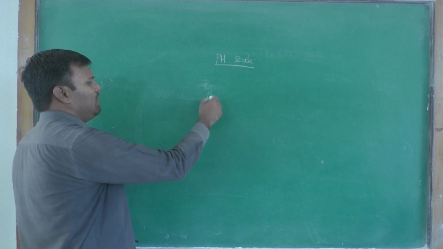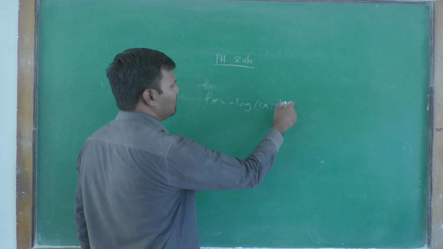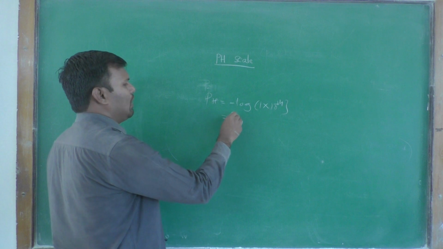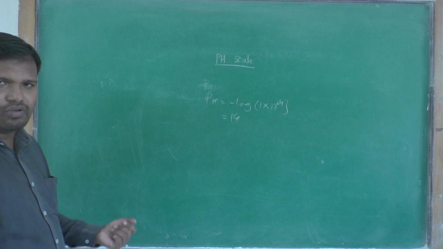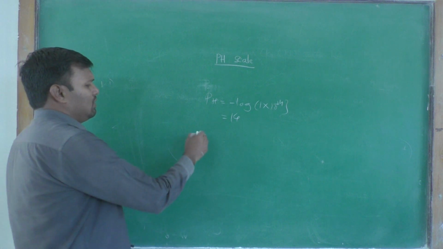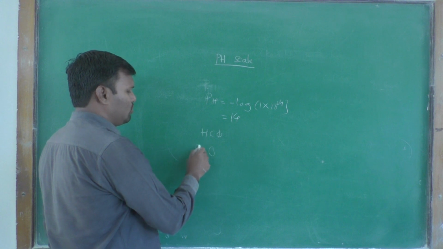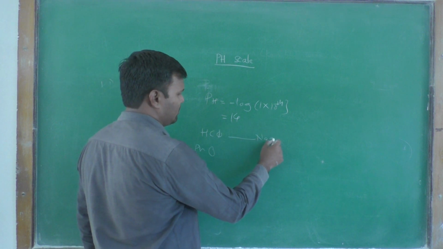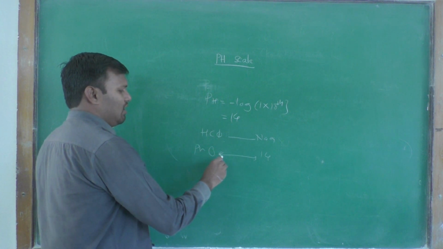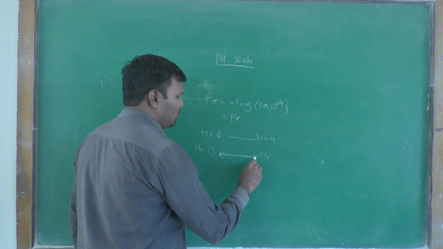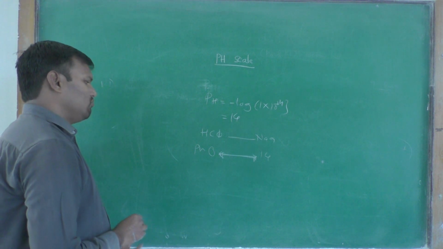Therefore the pH is equal to minus log of 1 into 10 raised to minus 14, which is 14. Now for HCl the pH is 0, and for NaOH the pH is 14. Therefore there is a pH scale from 0 to 14. This is a scale.